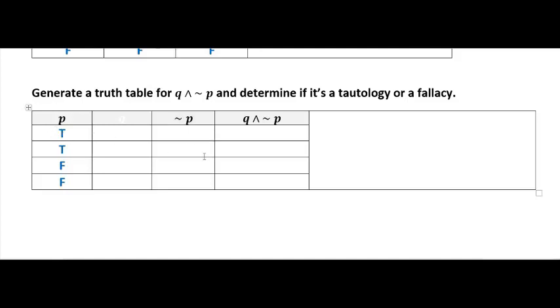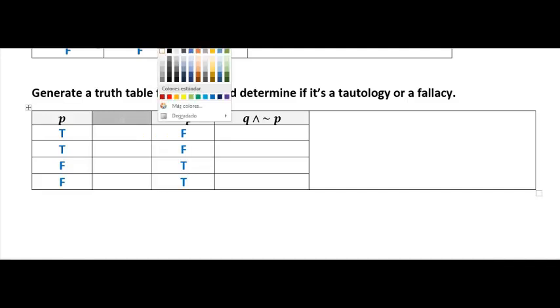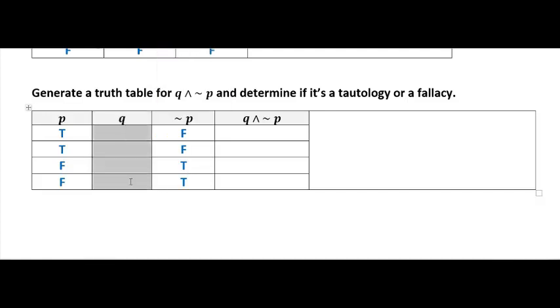So instead of true, I'm going to put false, capital F. Instead of true, I'm going to put false. Instead of false, I'm going to put true. And instead of false again, I'm going to put true. And that will be basically what I was looking for.